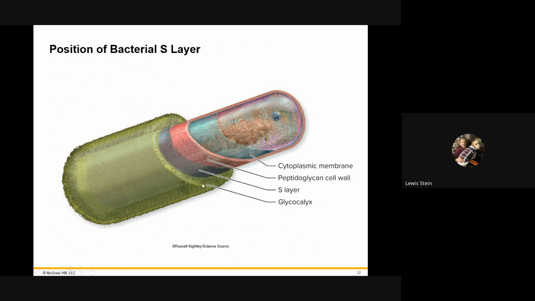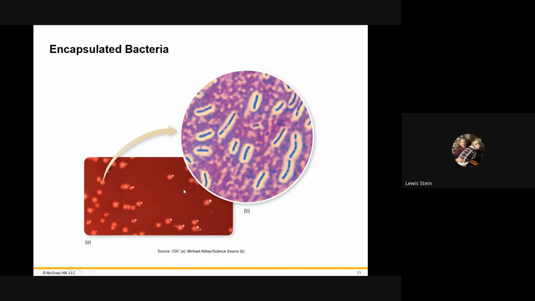So here's the glycocalyx. So you can see there's a lot of coats. Cytoplasmic membrane, the cell wall, which we haven't even gotten to, the S layer for adverse environments, glycocalyx. It's not like it's just sitting there. It's hard to attack. And these we call encapsulated bacteria. You'll do this in the lab, most likely. You'll do what we call a capsule stain or a negative stain. This is a negative stain.